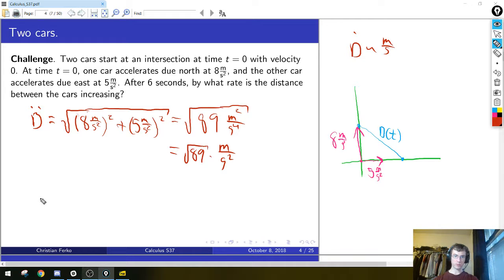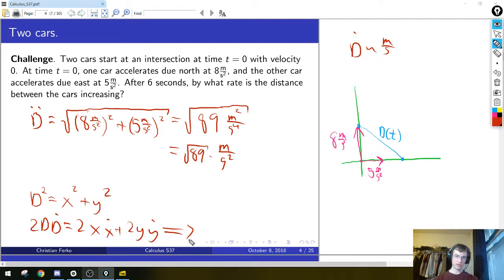So we know that it would be true. Maybe this is actually right, but let me just think. We know that d, the distance itself, would have d squared equals, we can use x for this car and y for the other car, so x squared plus y squared. If I take one dot, I would have 2d dot equals 2x x dot plus 2y y dot.